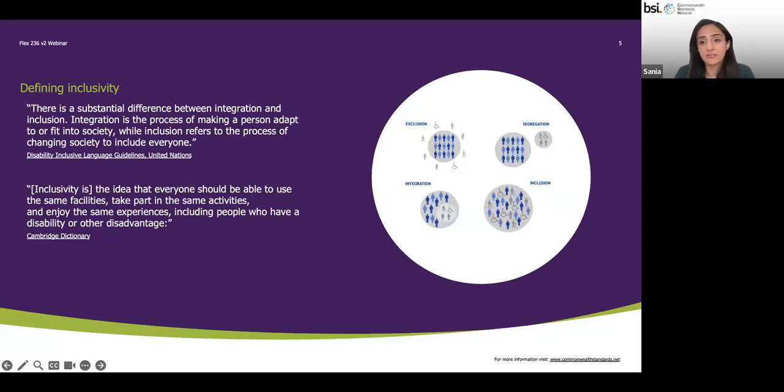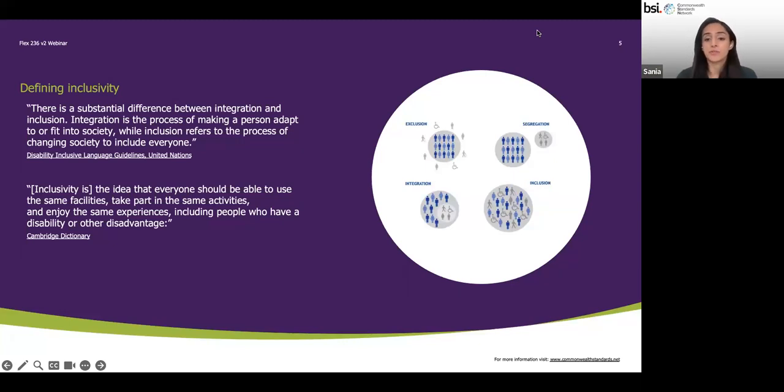So if we look at this diagram, we see here that exclusion, on the top left, is where you've obviously got the main group of people, and then you have others that are very much kept outside of that core group. Then we have segregation, which is the core group, and people, again, outside, but very much kept within a certain bubble, I suppose, or kept away.